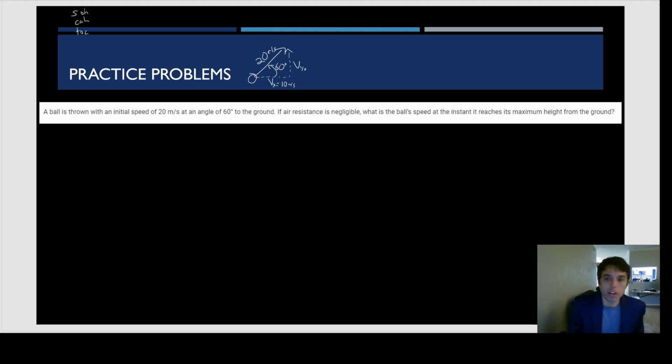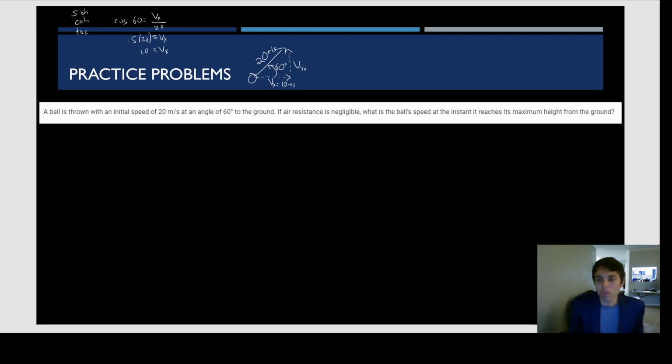The horizontal velocity component is adjacent to the angle, so I use cosine of 60 equals adjacent side, Vx, over the hypotenuse, which is 20. Cosine of 60 is a half. At least I'm like 99% sure, but I'll do it anyway just to make sure. Yep, I was right. So it's a half times 20 equals Vx. I'm getting a little sloppy. All right, half of 20 is 10, so that's how I knew that, right?